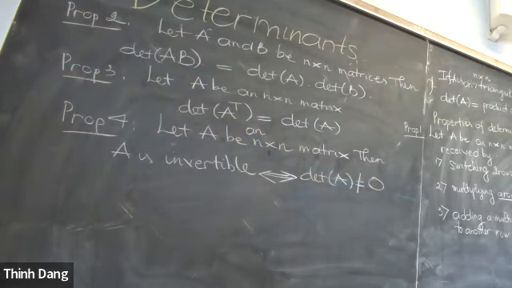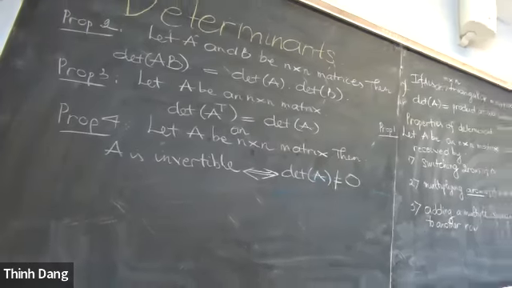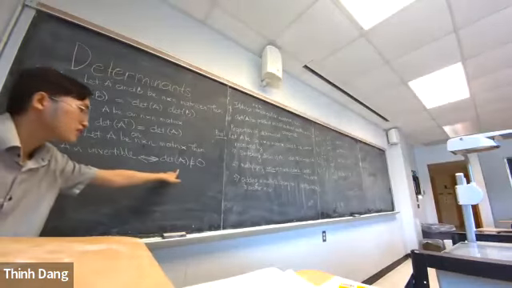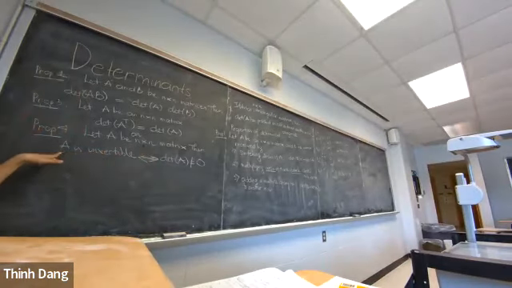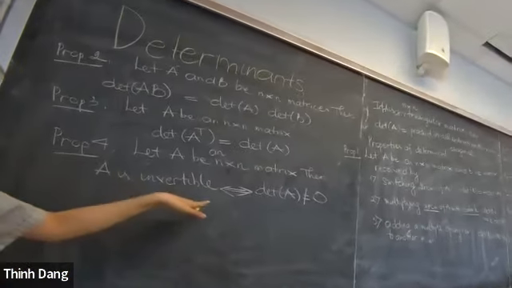So at the beginning of the lecture, I have already introduced to you that the determinant of any matrix is a very special number that tells us some information about the matrix itself, right? So one of the most important pieces of information that the determinant will be able to tell us is whether the matrix itself is invertible or not.